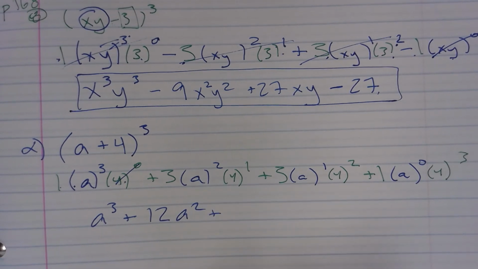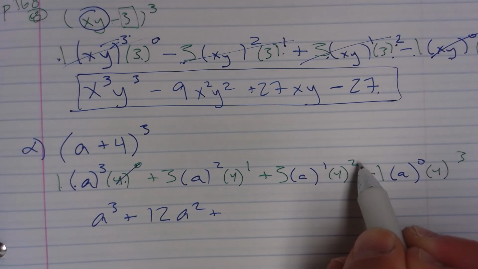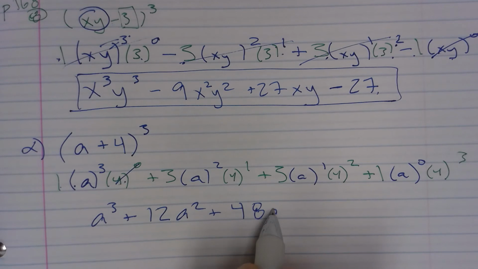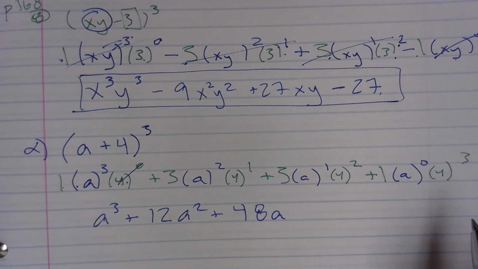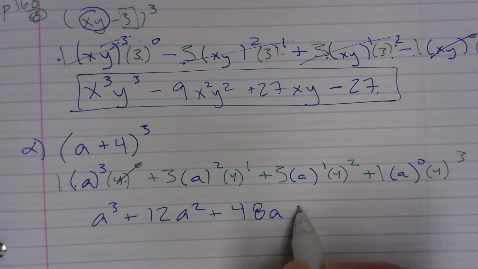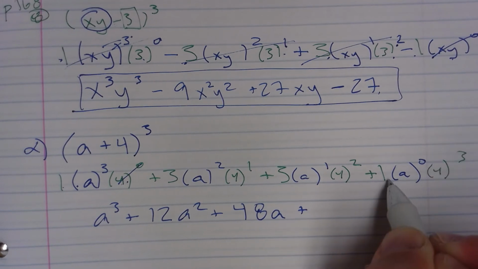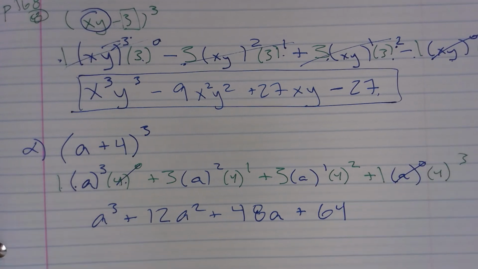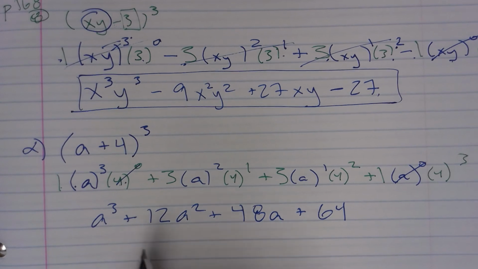Plus, 4 squared is 16. 16 times 3 is 48. A to the first is A. And then finally, plus, 4 cubed is 64. 64 times 1 is 64. A to the 0 is 1, so we don't need to write it. And that's your answer.